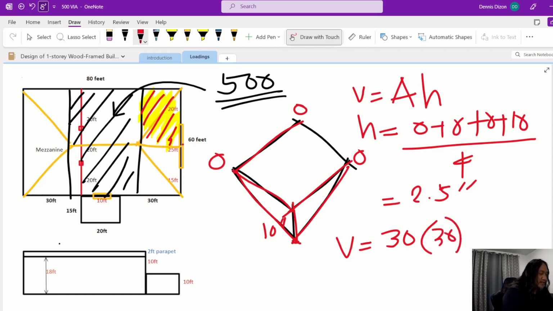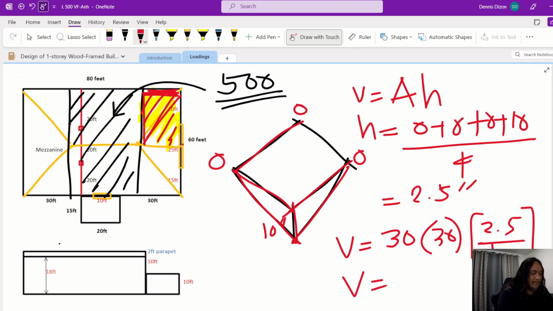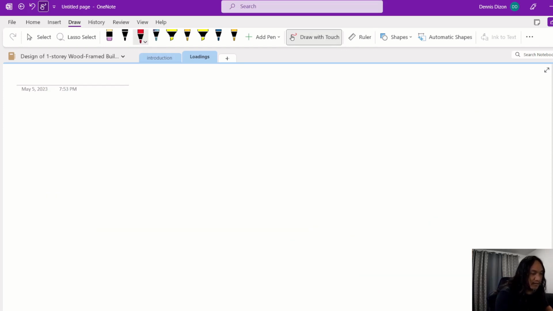This is 30, half of 60, and because this is 45 degrees, this is also 30. So 30 times 30 times the height, 2.5 over 12. So you will have a volume of 187.5 cubic feet.